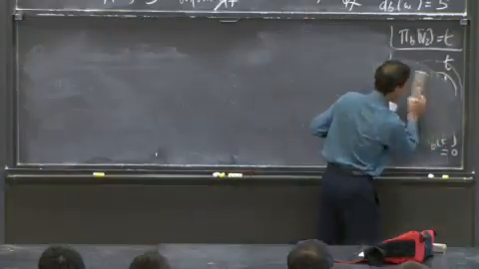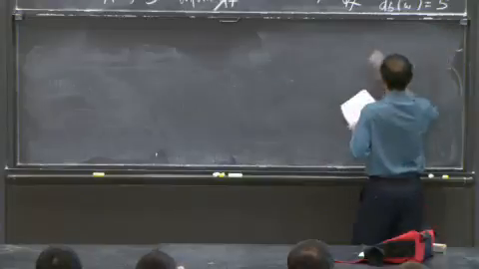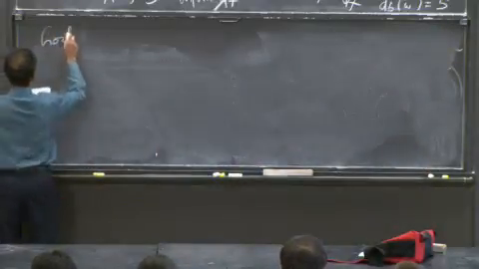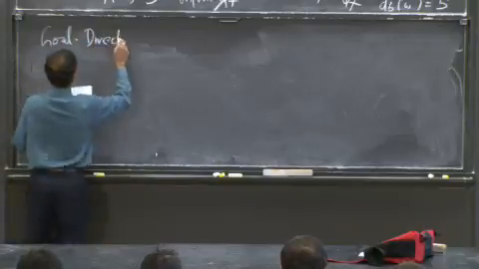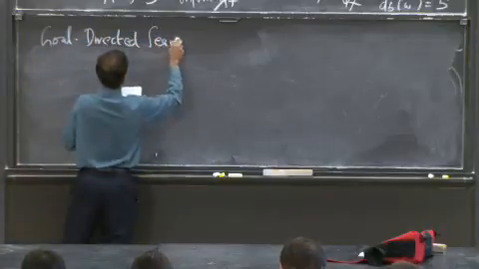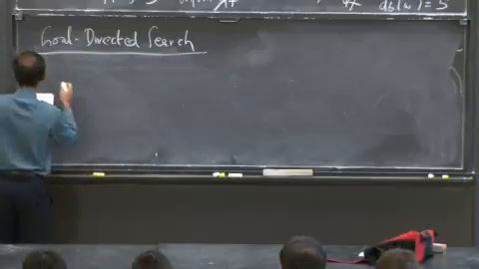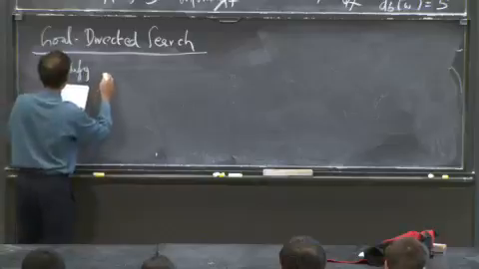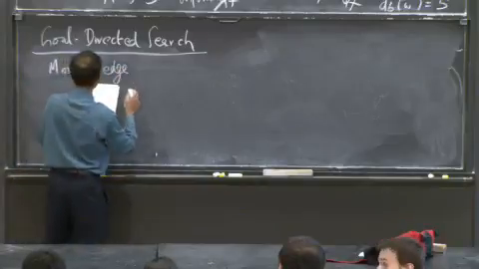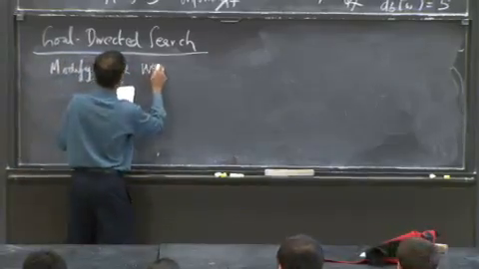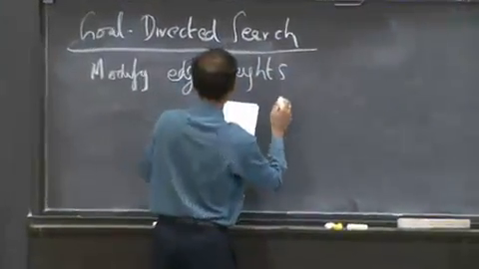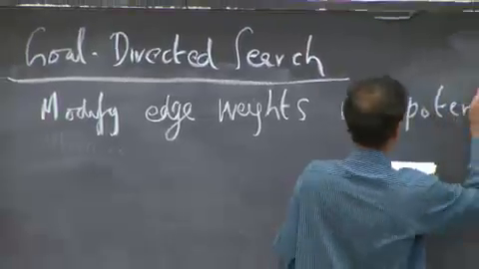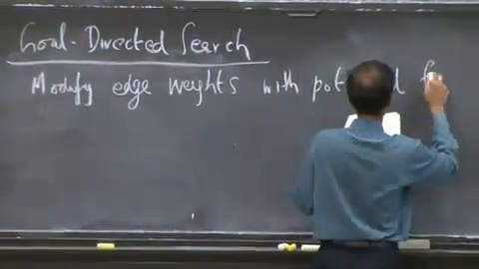The basic idea is that we're going to modify the edge weights in such a way that you kind of go downhill towards the shortest path, and so the priorities are modified heuristically so things run a little bit quicker. You're trying to prune the search here.